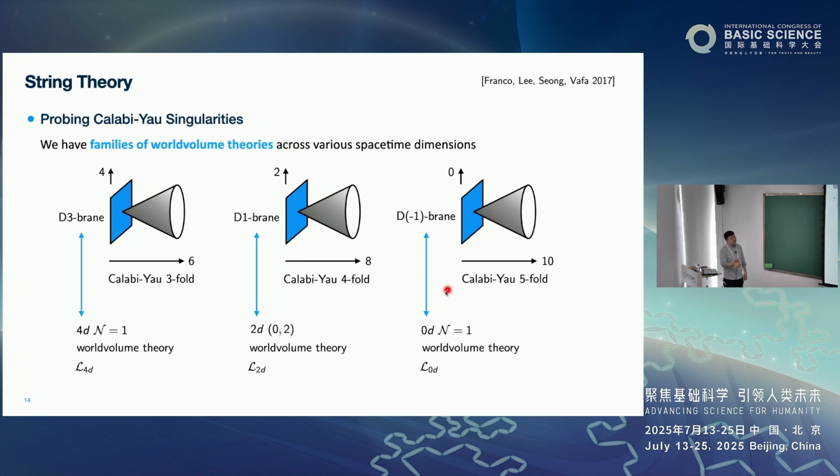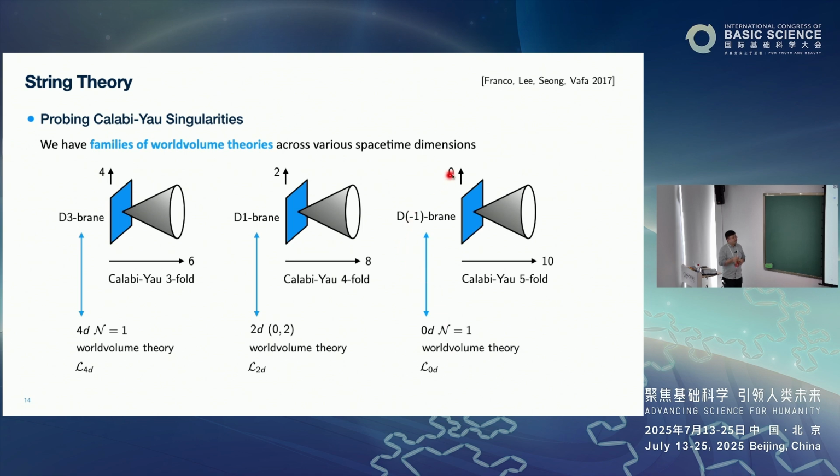Last but not least, in the last few years, we conjectured that we can also have a toric Calabi-Yau fivefold that can be probed by a D(-1) brane. And that D(-1) brane has a worldvolume theory, which we expect to be a zero-dimensional matrix model, for which we also have some examples where we write down the corresponding Lagrangian of the zero-dimensional theory.